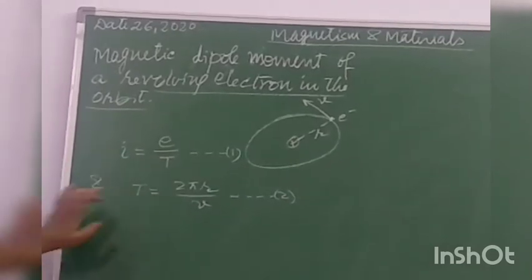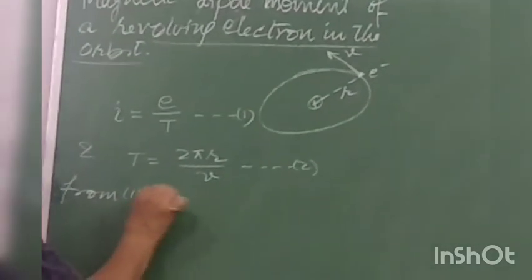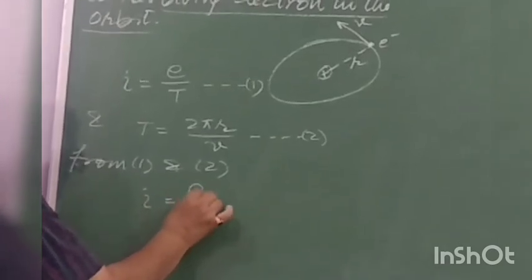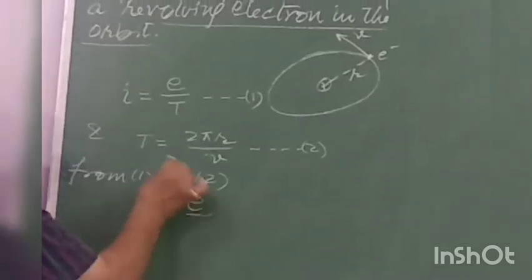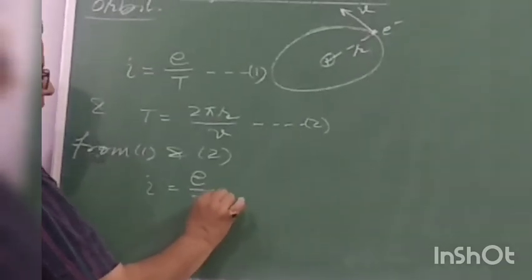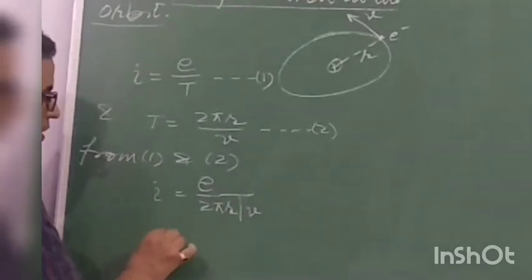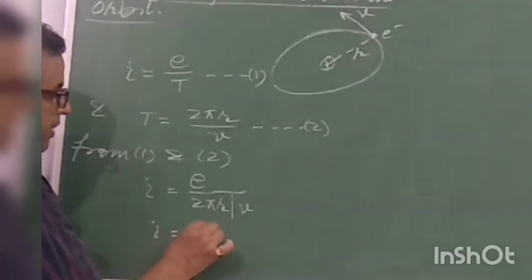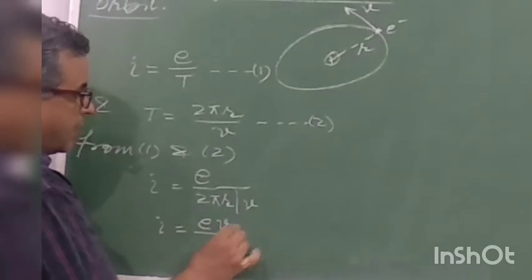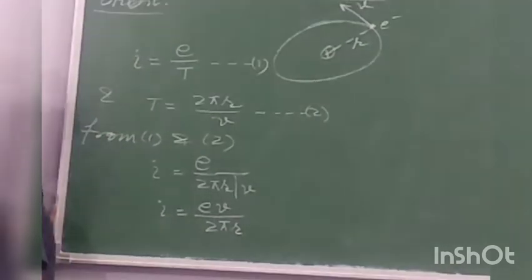From equation 1 and 2, this current is e upon T, and in place of T, from equation 2 we write 2 pi r upon v. So I equals to ev upon 2 pi r. So this is the current.